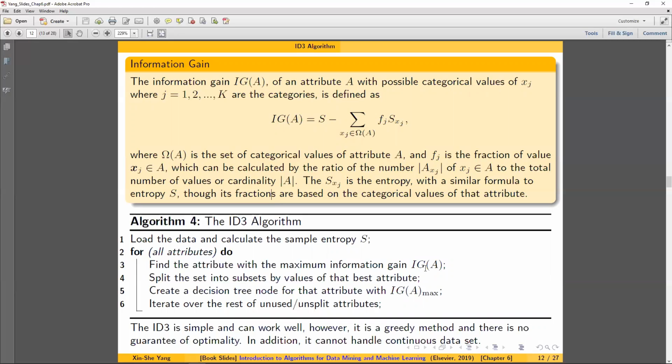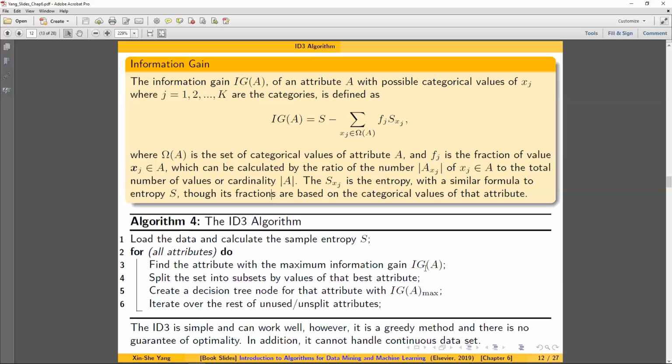Omega A is the set of categorical values of attribute A. Let's say attribute A is the thesis marks: pass, fail, or merit. Then it would have three different values. That would be the omega A: pass, fail, or merit. And fj is the fraction of values xj belonging to A. That is, what fraction of students actually get a merit.